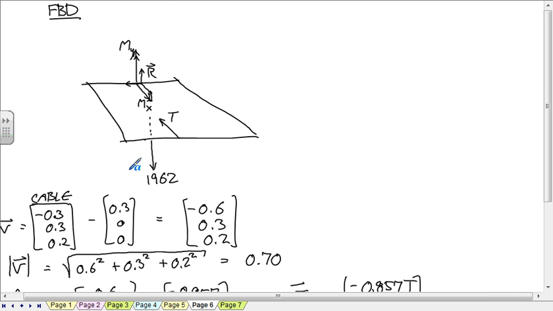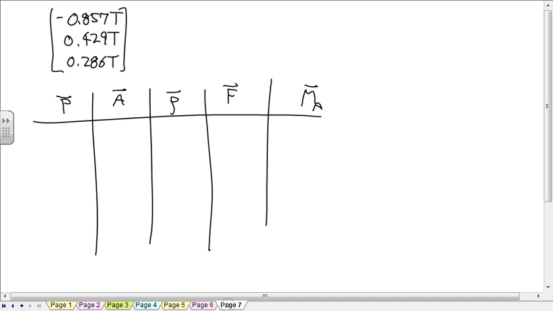Yep, that's this one. So at the point 0.3, 0, 0. Might as well use the origin as the about point. So the row vector is 0.3, 0, 0.